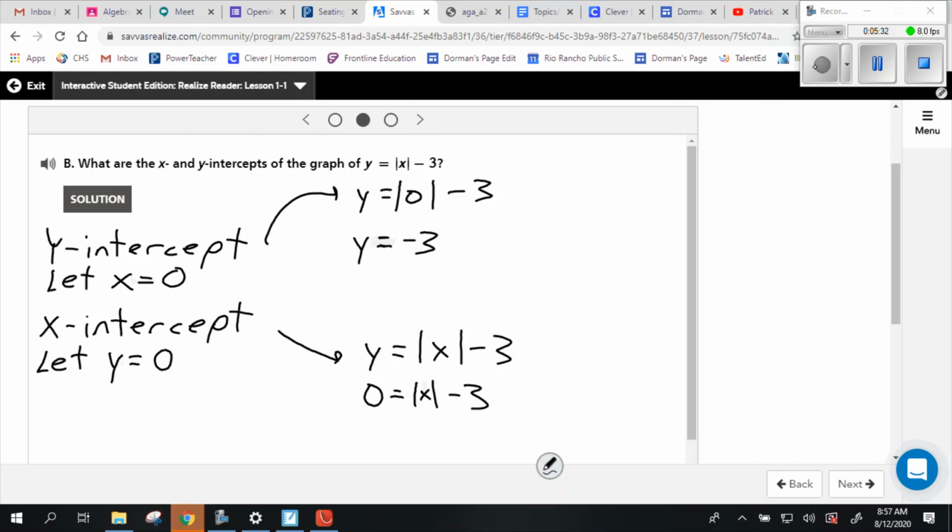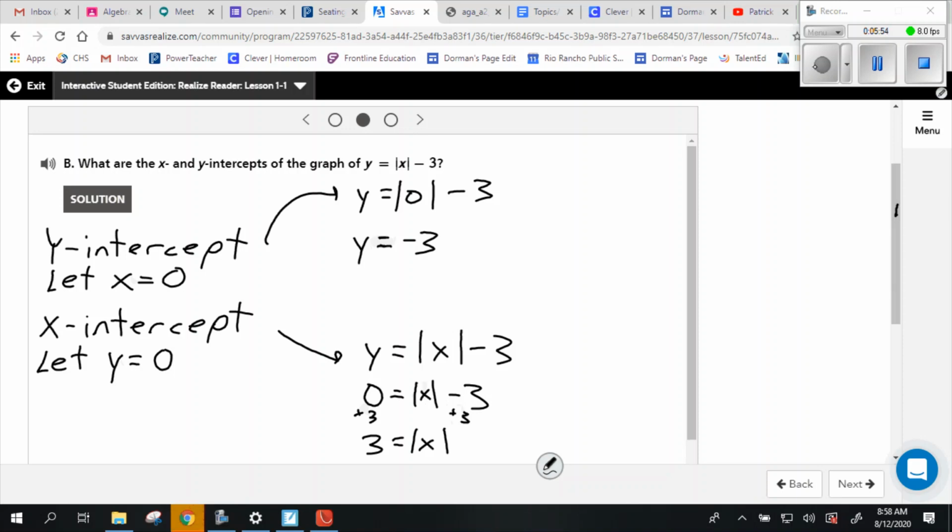Let's subtract 3 from both sides, or add 3 to both sides, right? So if I add 3 here and I add 3 here, I'm looking at 3 is equal to the absolute value of x. Now, does that mean x equals 3? Well, yeah, for sure.